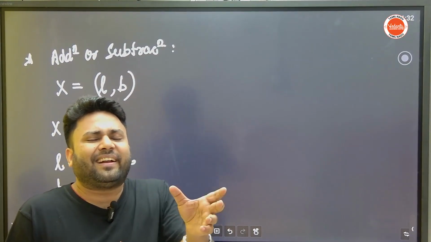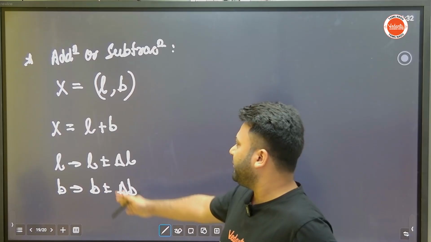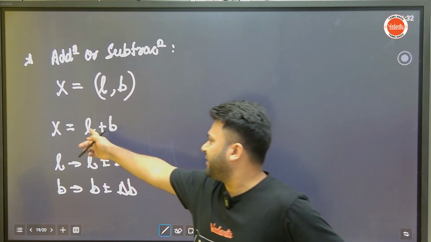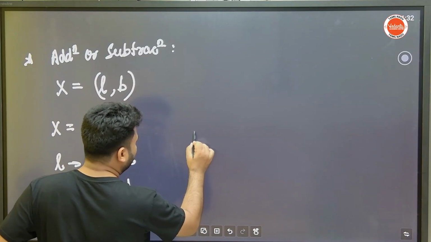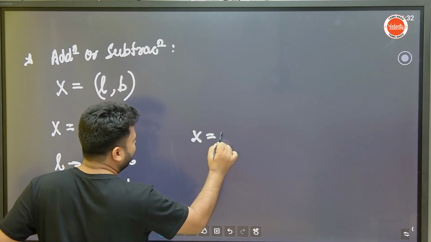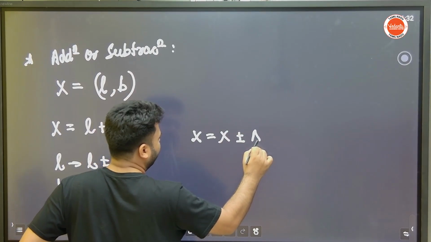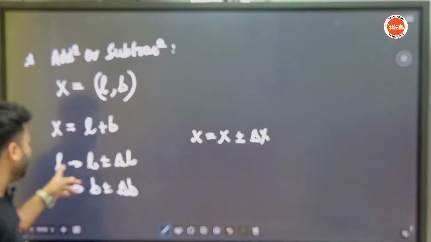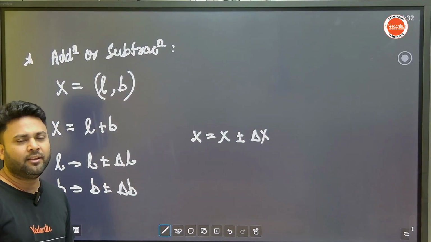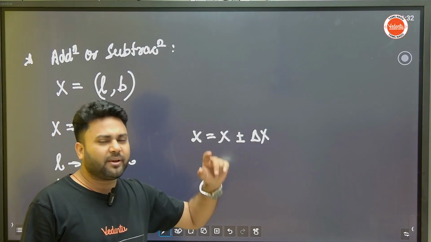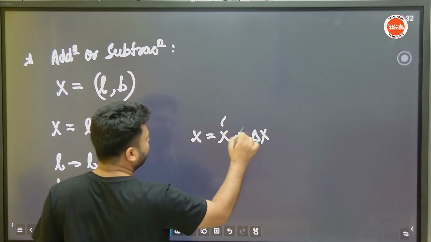Means we are not exactly confirmed. So they ask how we can write the final x. The final x we can write as x plus minus delta x, like L plus minus delta L, B plus minus delta B. Similarly, x equals x plus minus delta x. Now, how to find this x and this delta x?